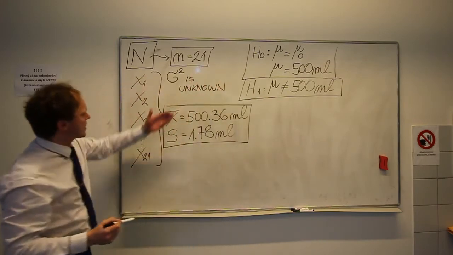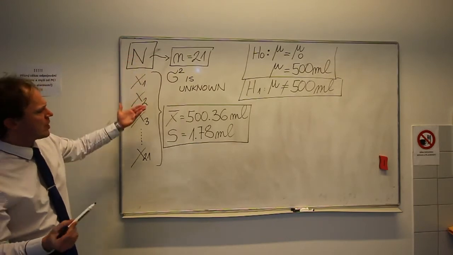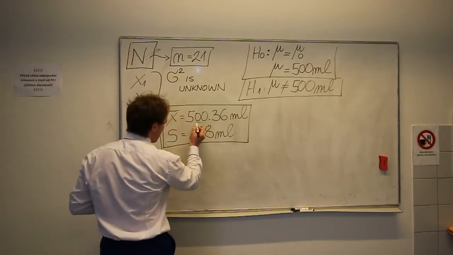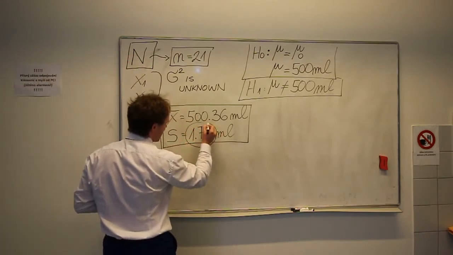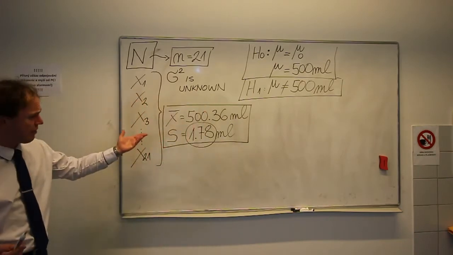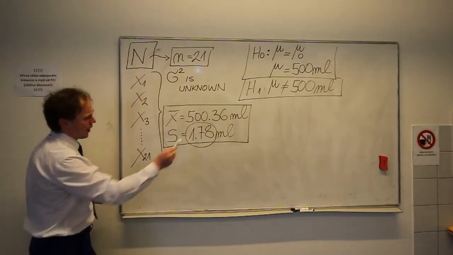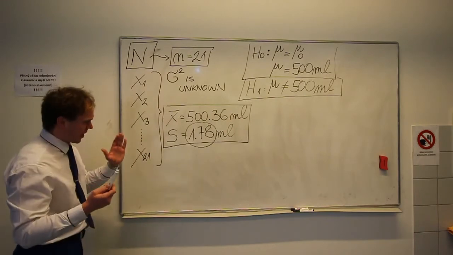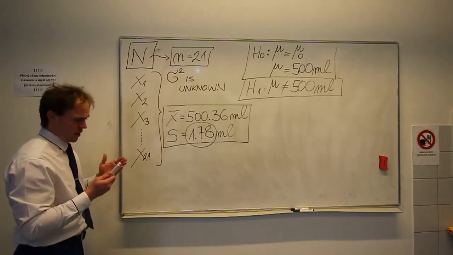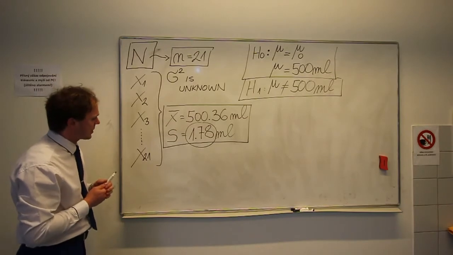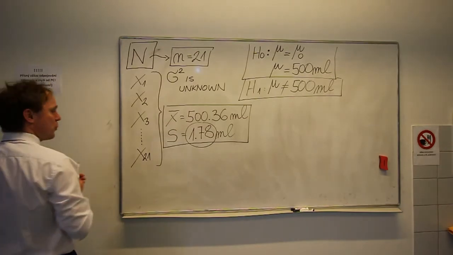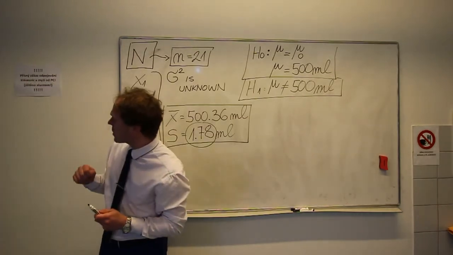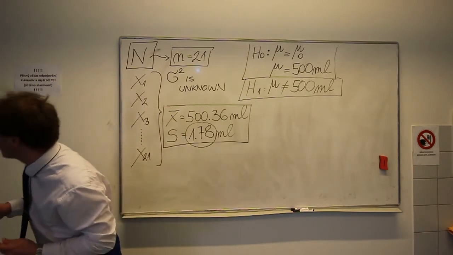Therefore, we had to calculate this sample standard deviation. If we calculate the second power of this value, we have a sample variance. But we don't need the sample variance, because if you check the formulas, we need the deviation.